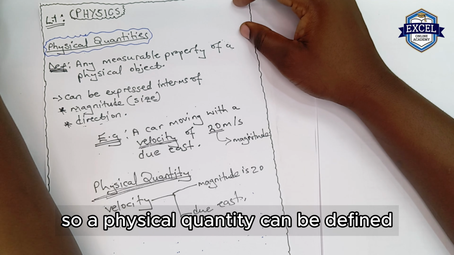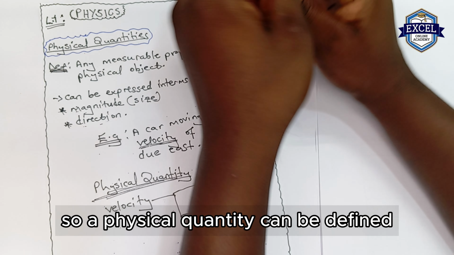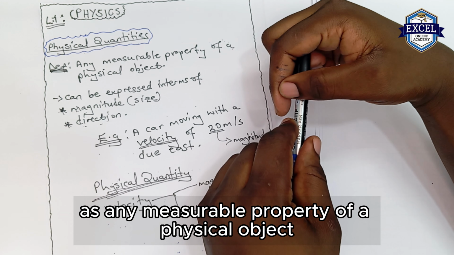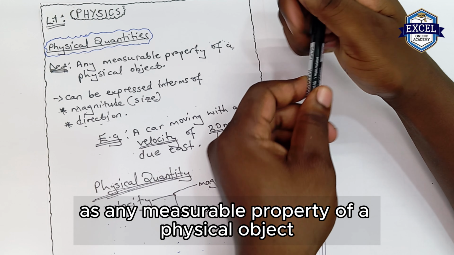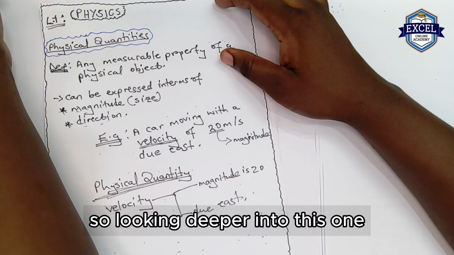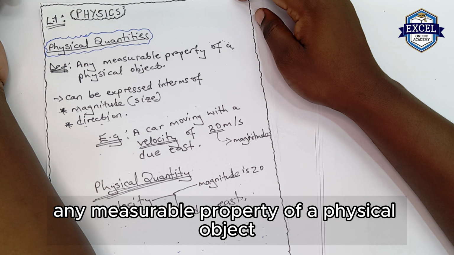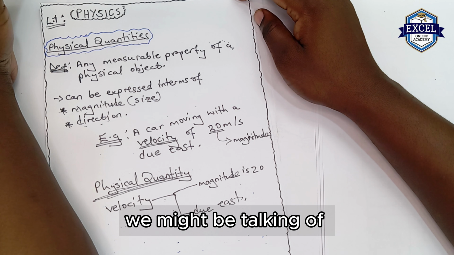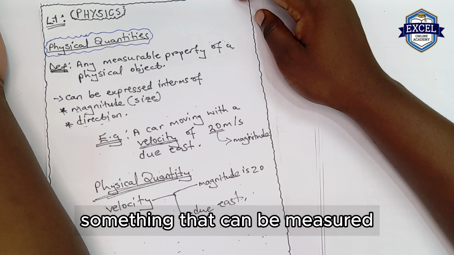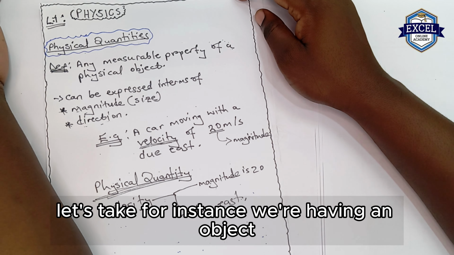A physical quantity can be defined as any measurable property of a physical object. Digging deeper into this, we might be talking of something that can be measured. Let's take for instance an object.